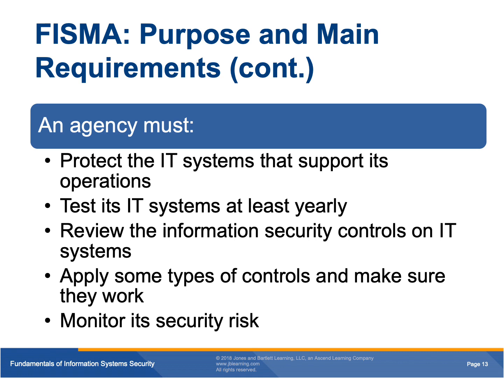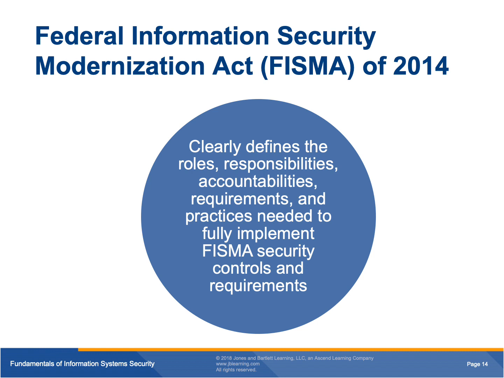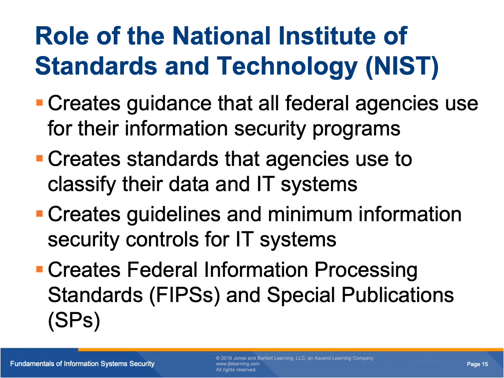They must review their controls and ensure that they have accurate, well-functioning, and sufficient controls in place for the organization. Make sure that they work, and then continuously manage risks. So really, it defines the roles, responsibilities, accountabilities, requirements, practices needed to fully implement the FISMA security control and requirements. So in Canada, we have the equivalent to that.